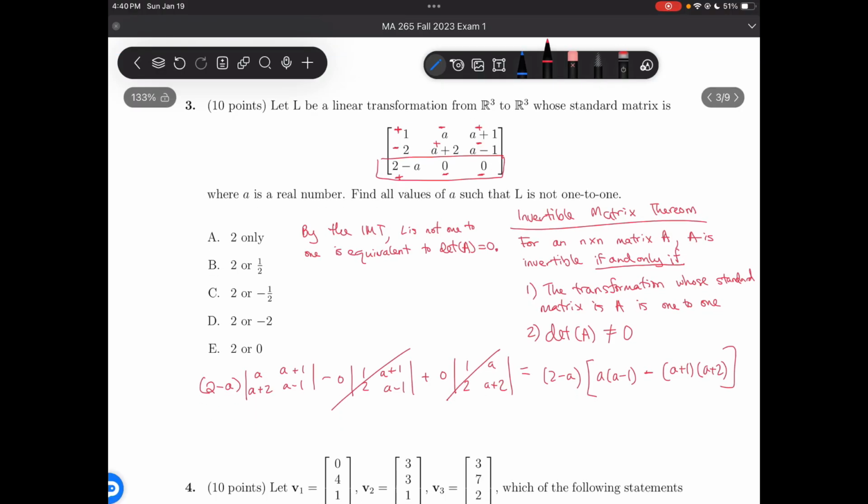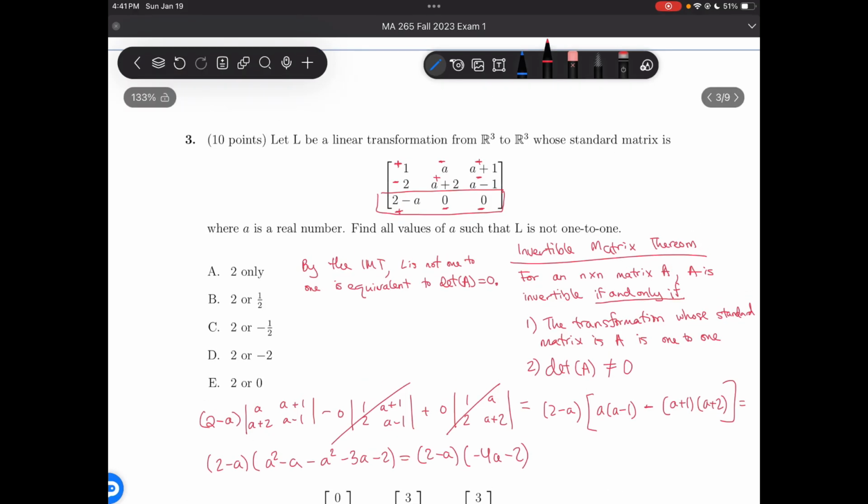And so that equals 2 minus A times A squared minus A squared minus 3A minus 2. And ultimately I get 2 minus A times negative 4A minus 2.